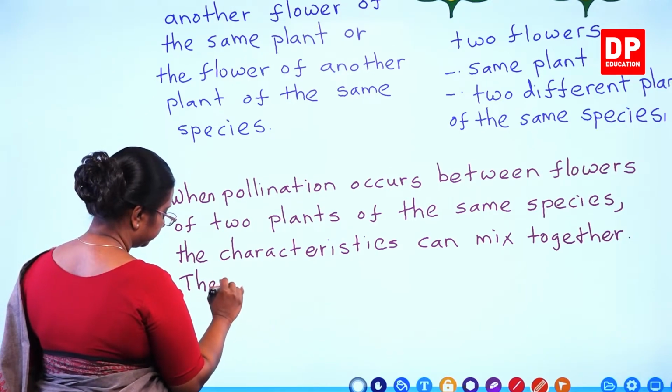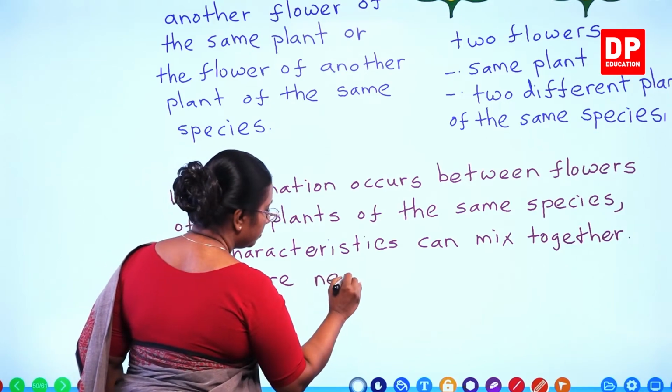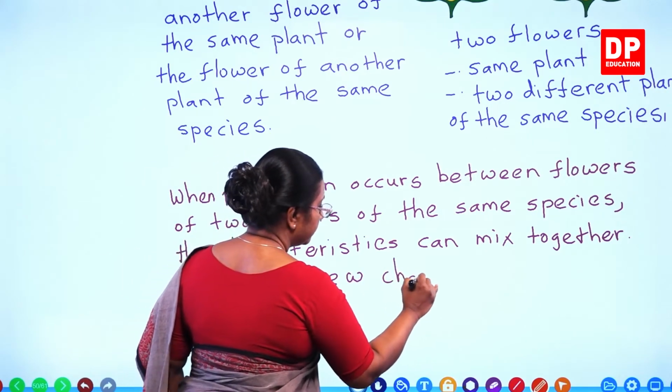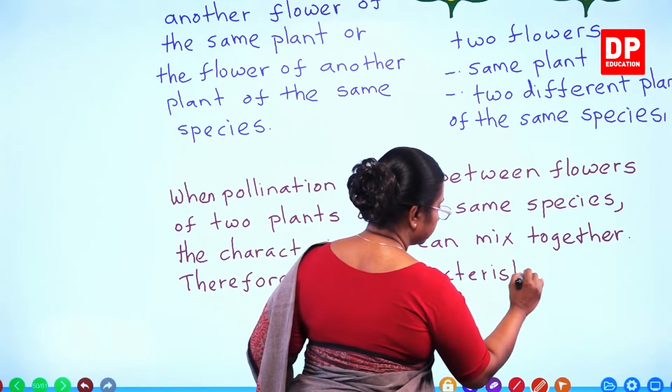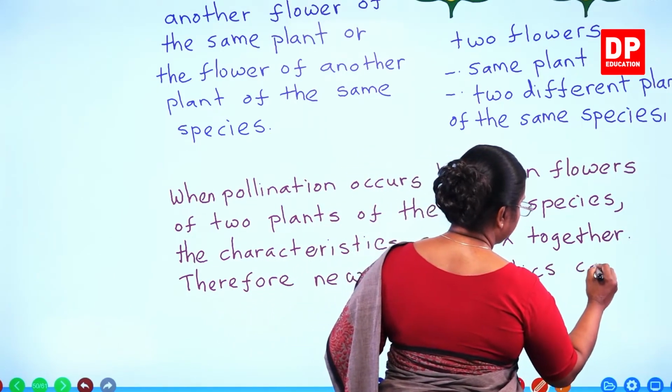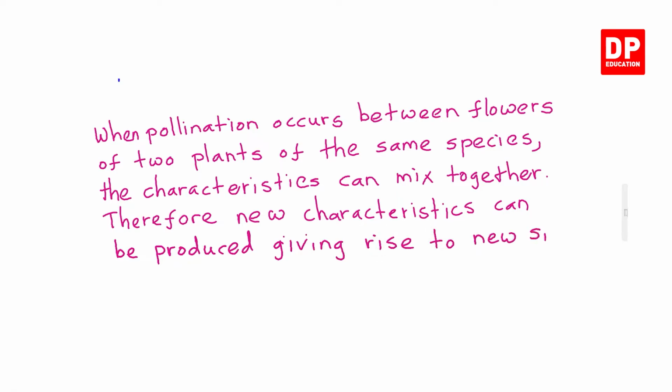Therefore, new characteristics can be produced, giving rise to new species.